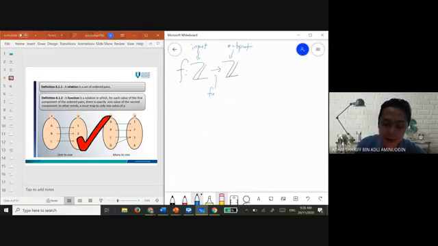Ini adalah function dia lah. So function f is like a machine that transform an input from the domain to a codomain, output.